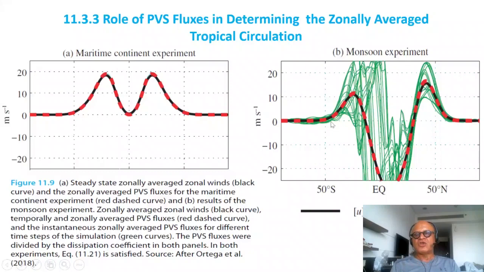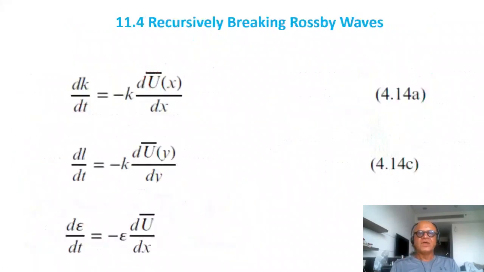This is what we had argued before, that since they are recurrent events in a band, you can average over a certain time and get the good mean picture that gives you a sense of the impact of the PVS flux on the zonal mean zonal circulation in the deep tropics. Okay, so that's that story with the shallow water model.